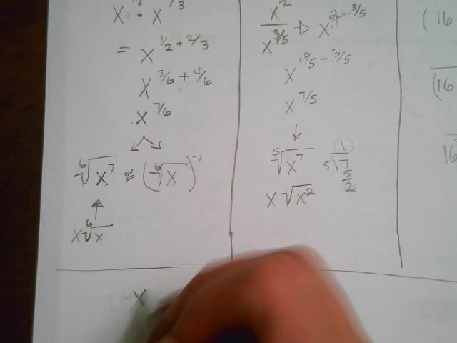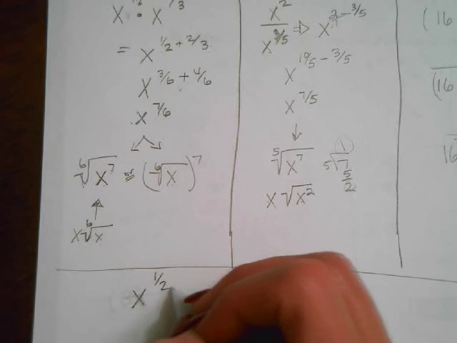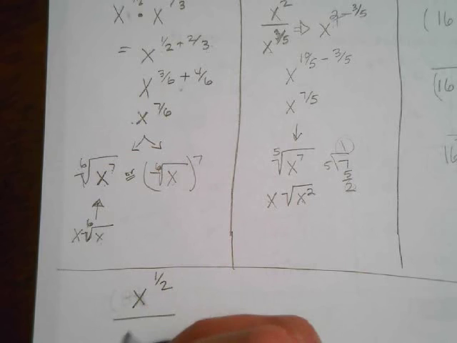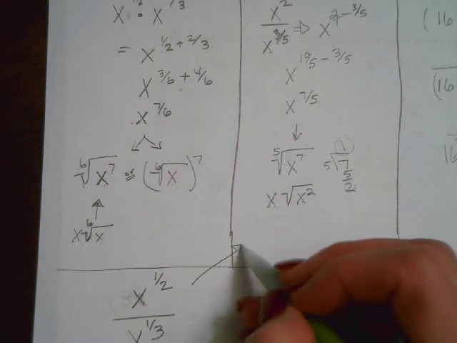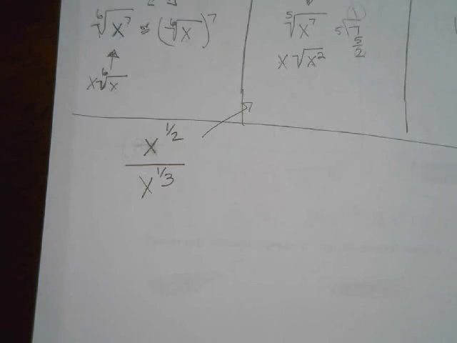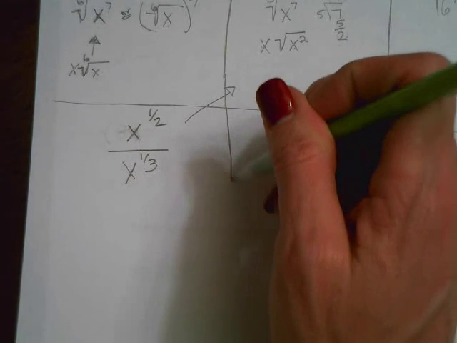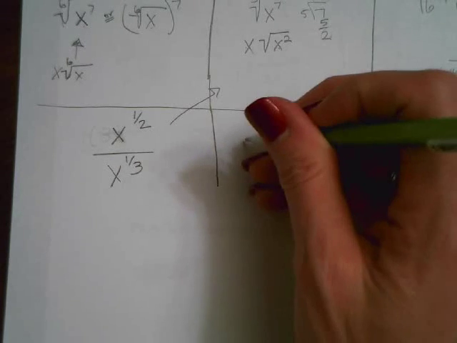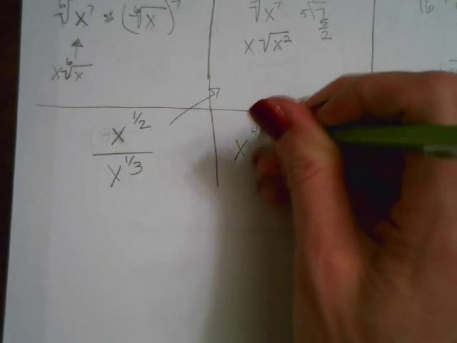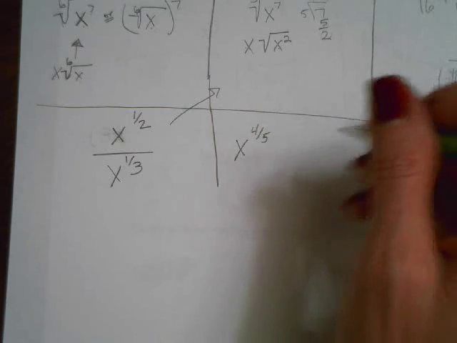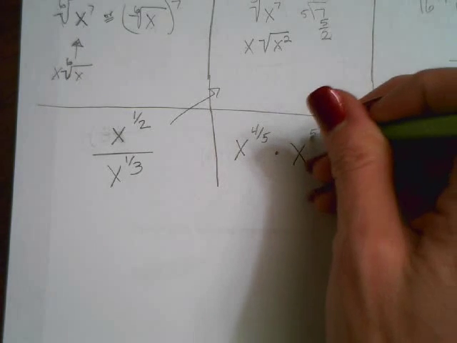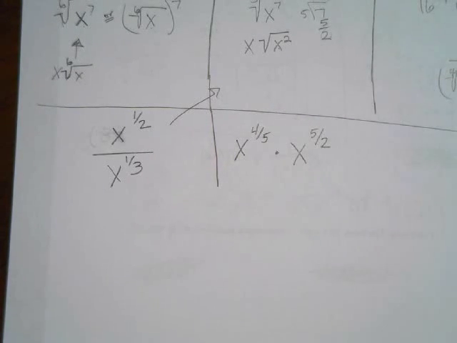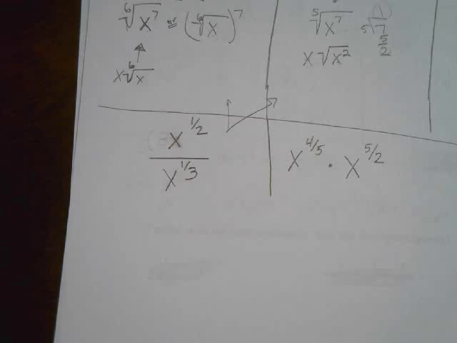Let's try this one: x to the 1/2 divided by x to the 1/3. It's very similar to this one right there. The next one to try is x to the 4/5 multiplied by x to the 5/2. Go ahead and try those. Pause it and then come back.